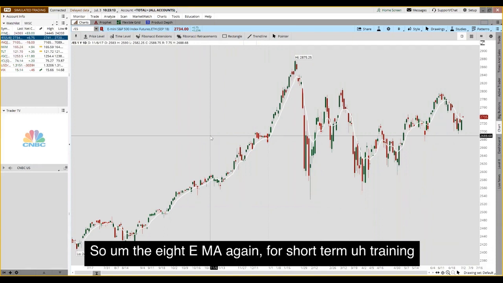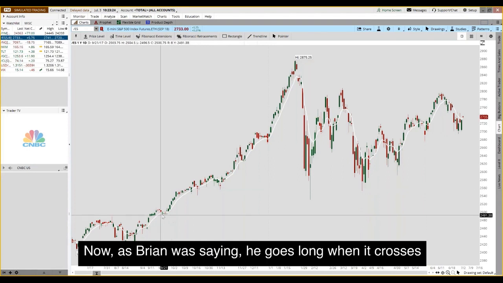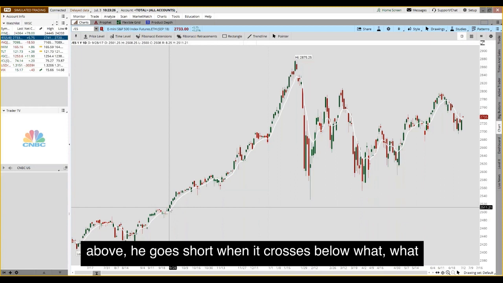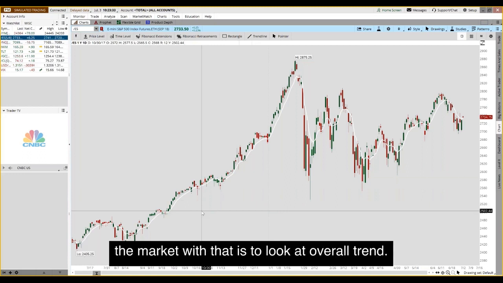Okay. So the 8 EMA, again, for short-term trading purposes is very effective. Now, as Brian was saying, he goes long when it crosses above. He goes short when it crosses below. What you want to do to make sure you're on the right side of the market with that is to look at overall trend.